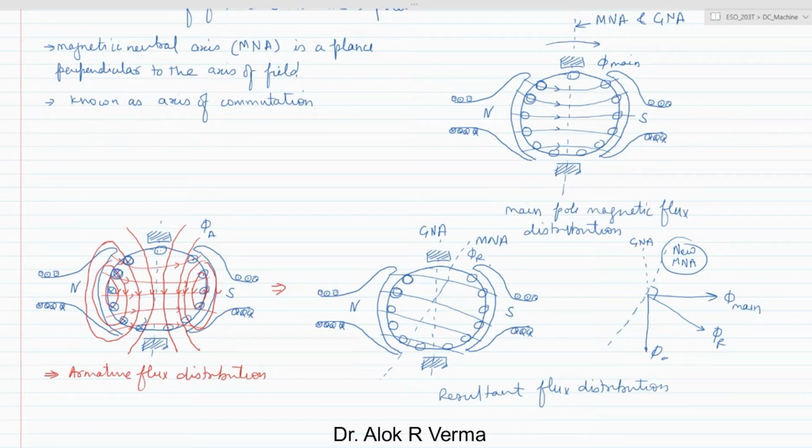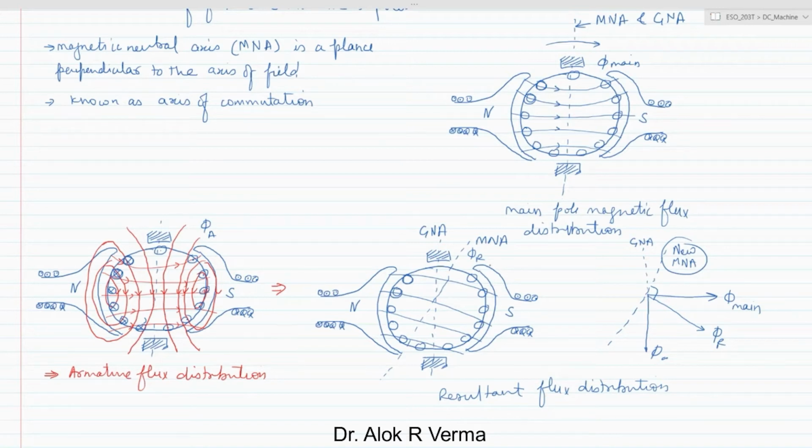So if we consider the nonlinear behavior in the saturation of the core, then there is an increase in the flux at one pole tip and a decrease in the flux at the other pole tip, and subsequently the main pole flux is decreased. Since there is a reduction in the flux, the terminal voltage of the generator will decrease with the load.